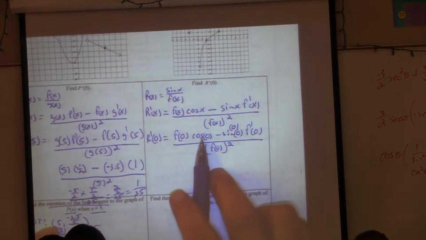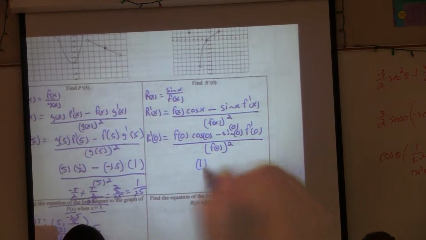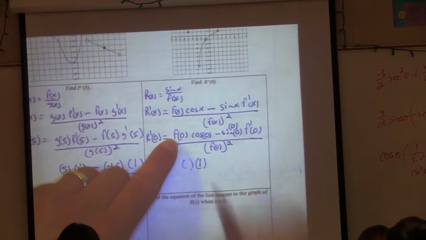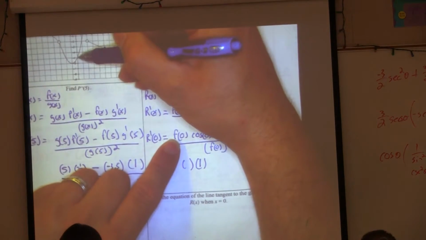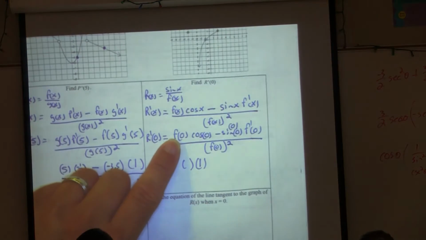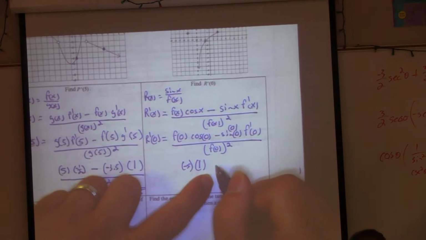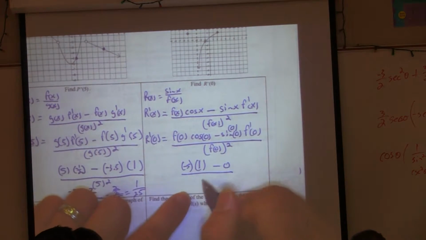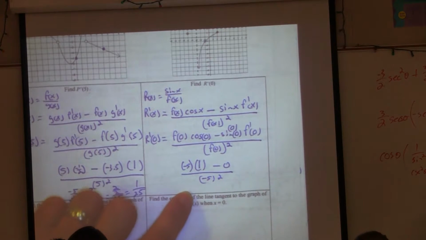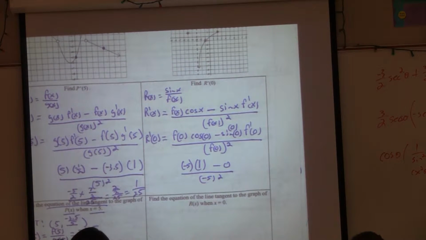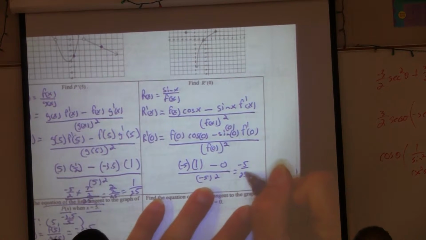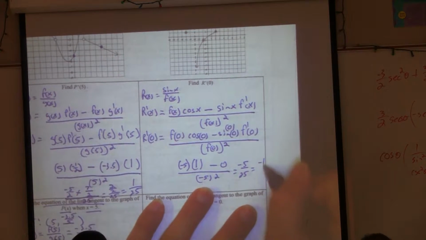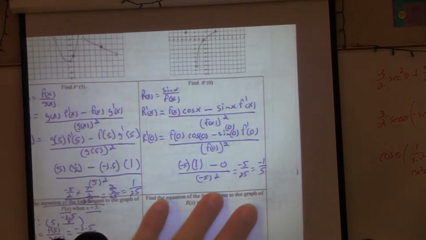What's cosine of 0? 1, okay, times f of 0. How do I figure that out? Look at the graph, go to 0, and what's the value? Negative 5. So it's negative 5 times 1 minus 0 over negative 5 squared. That gives me what? Negative 5 over 25, which is negative 1 over 5.